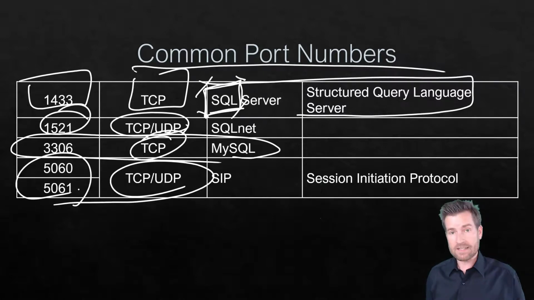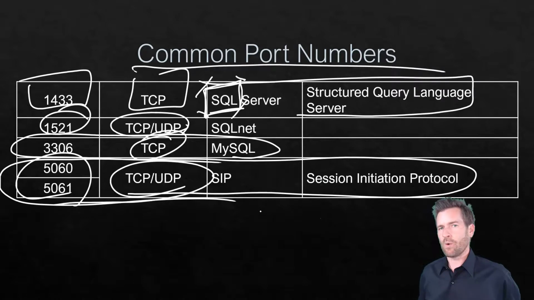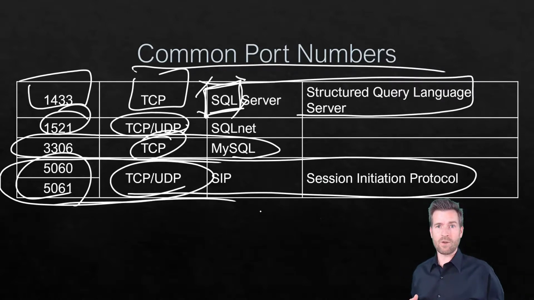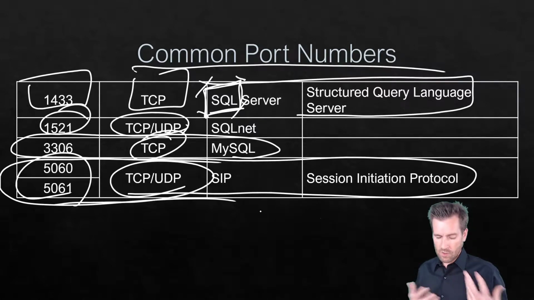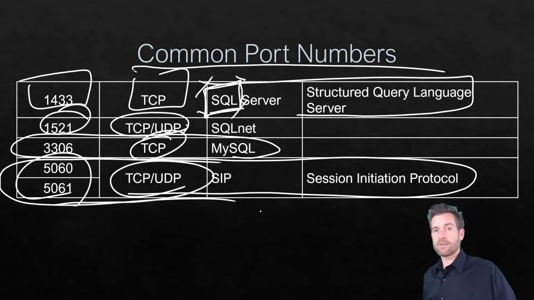It's ports 5060 and 5061, and it's Session Initiation Protocol. What we can associate this with is video conferences or audio, some sort of telephony. So this communication happens on SIP, and it sets up a session, and that's the protocol that it uses for the communication. So that's 5060 and 5061.